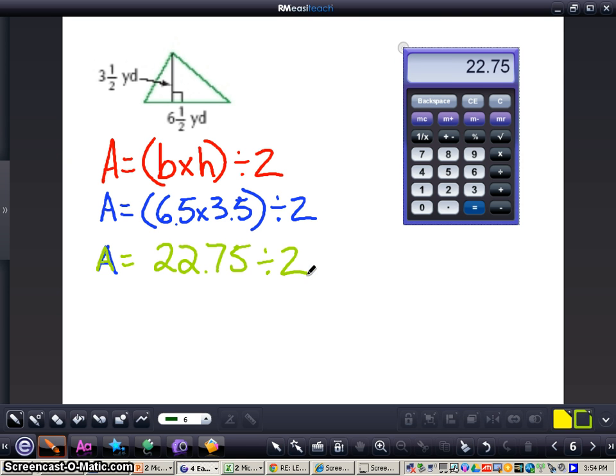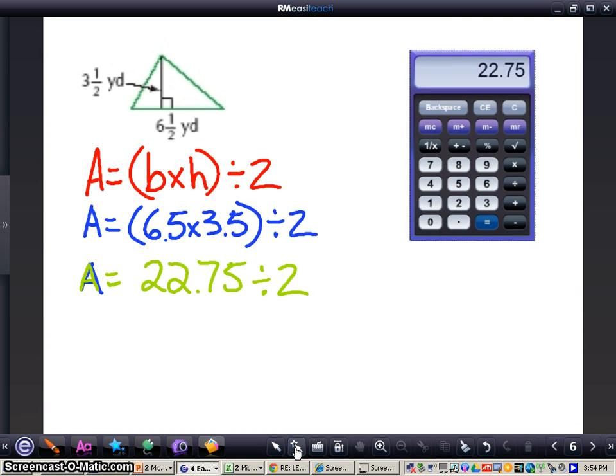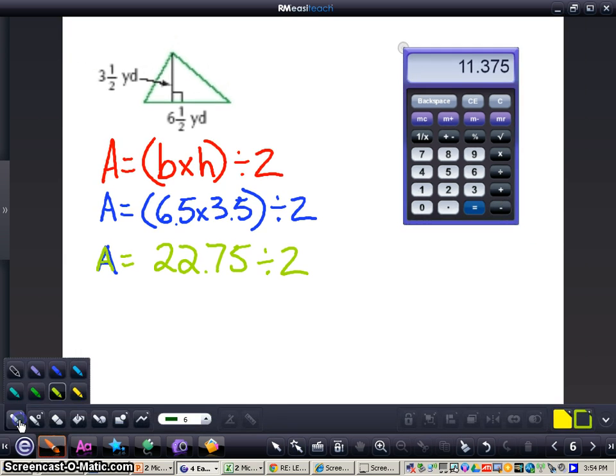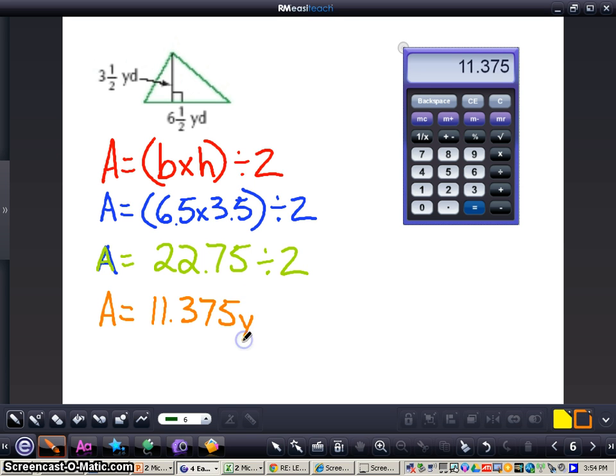So I'll divide that 22.75 by 2. I'll just punch in divided by 2. That's going to give me 11.375. So area equals 11.375 yards squared. I'm going to circle our answer.